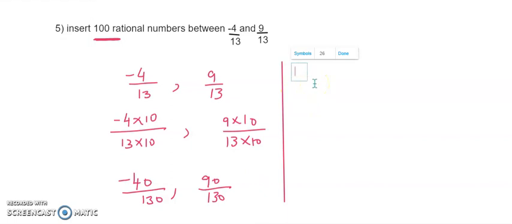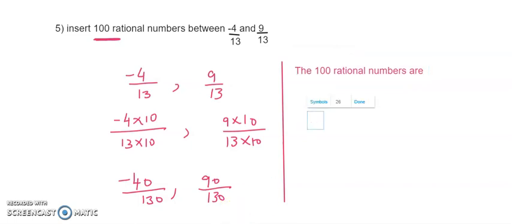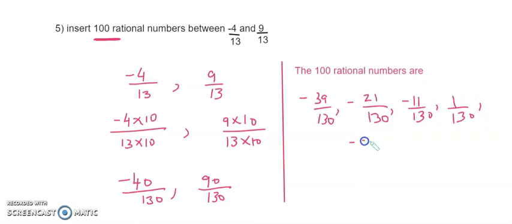Like I can say the 100 rational numbers are minus 39 by 130, minus 23 by 130, mistake, not 100, 130. Like that, you can keep writing.